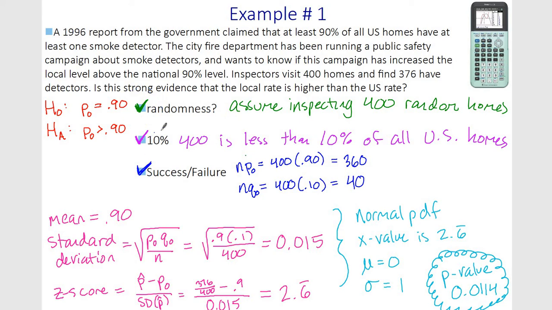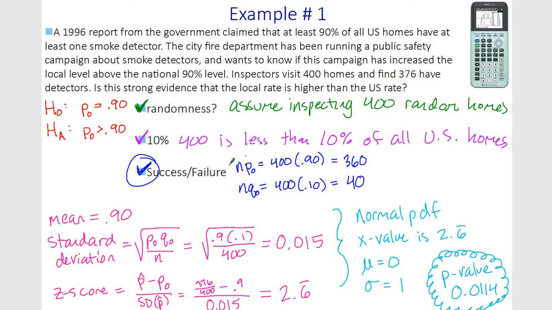Next one, the 10% condition. Well, 400 homes has got to be less than 10% of all U.S. homes. Think about it. Rickards has 1,600 students, so 400 is less than 10% of all U.S. homes. Then we check the success-failure condition.